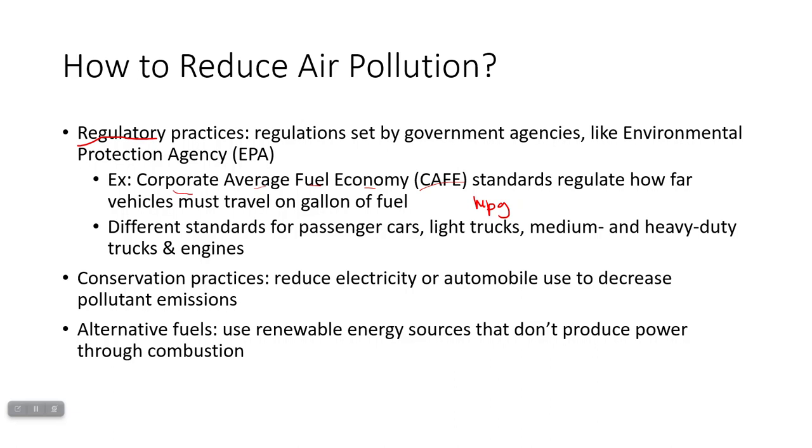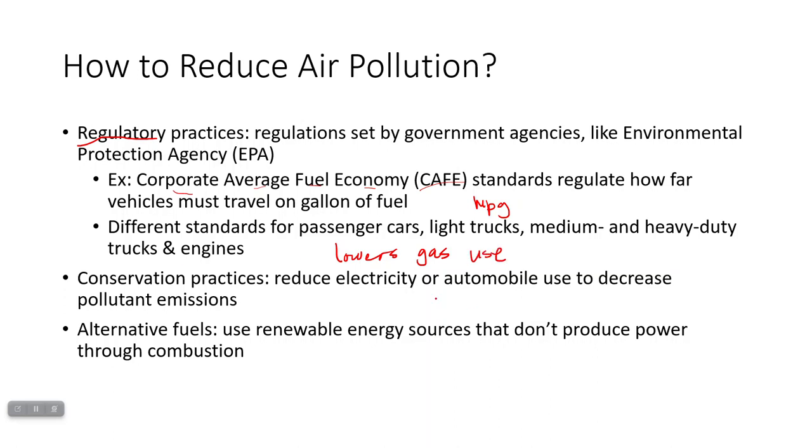The goal has been to raise that gradually over the years so that cars and trucks and any sort of large vehicles can all get more miles per gallon so that less gasoline is used. This lowers the amount of gasoline used, which can reduce the emission of VOCs, CO2, NOx's, a lot of those chemicals.